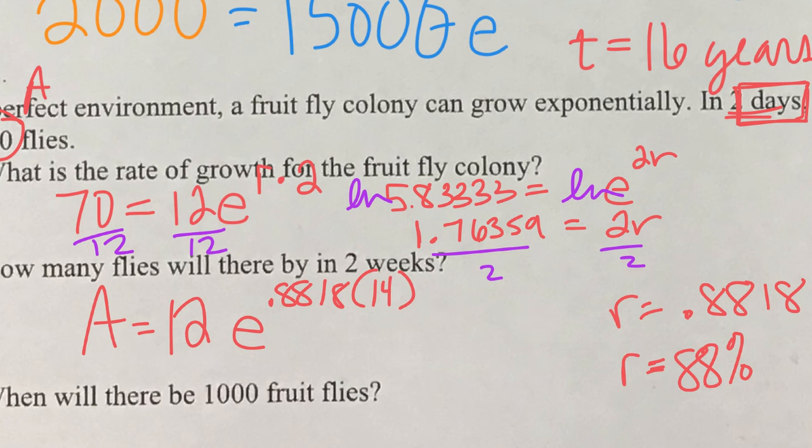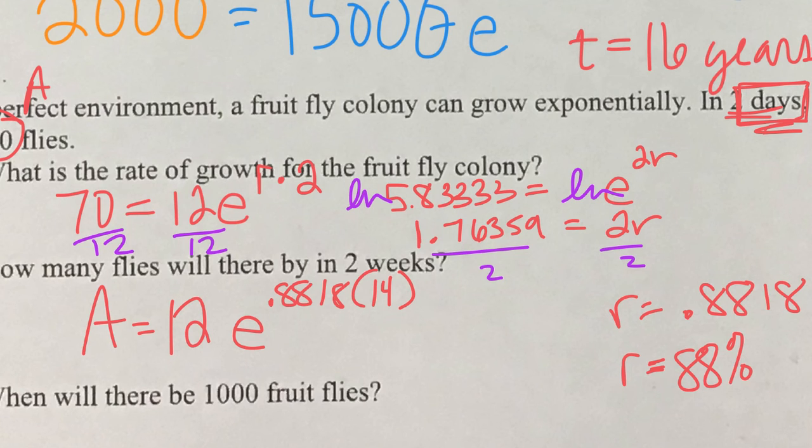So we're going to change our 2 weeks into 14 days because our rate was a daily growth rate. Remember, this is given to us in days. So when I plug that into my calculator, I get a stupendous number of gross fruit flies. So 2.75 million fruit flies.